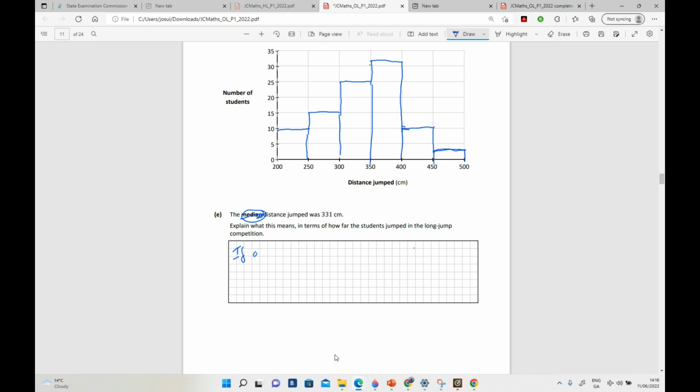So if all student jumps were sorted in order, the median of 333 centimeters is the middle number within the list.